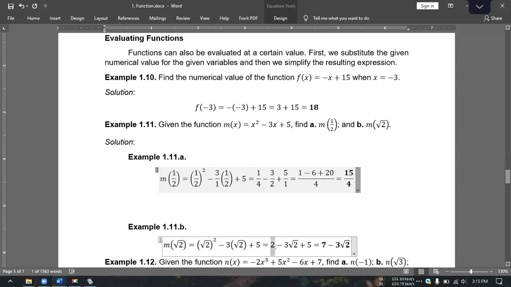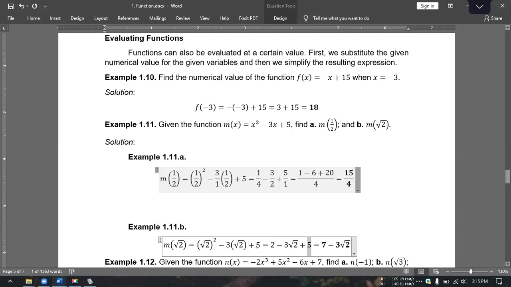Okay? And then you cannot combine, or I mean, you cannot multiply a radical expression by a whole number. Kaya i-combine nyo lang siya kapag sasamahin nyo lang. Okay. 3 square root of 2 is the same as 3 times the square root of 2. And then we have plus 5.